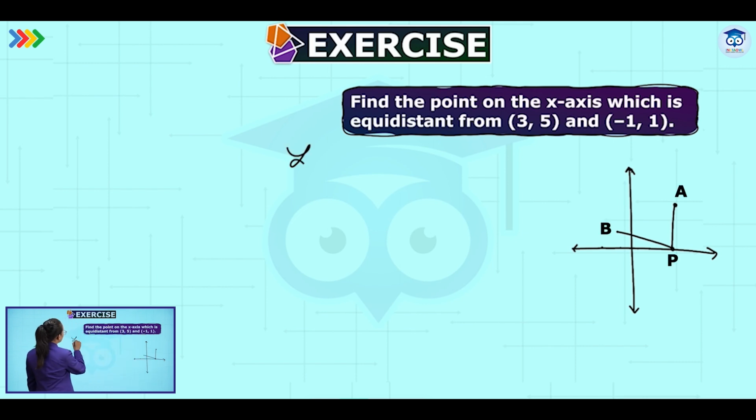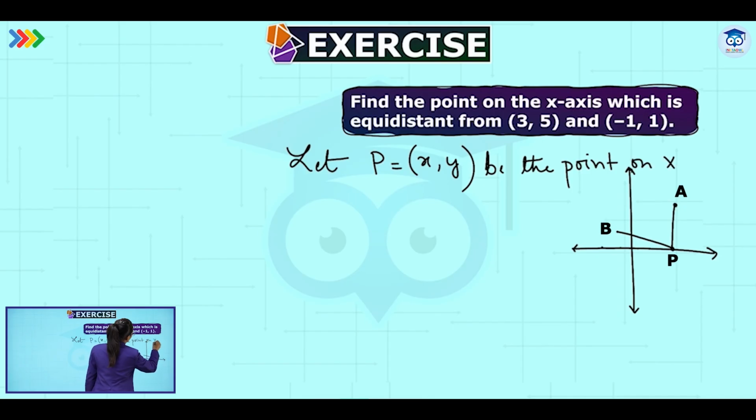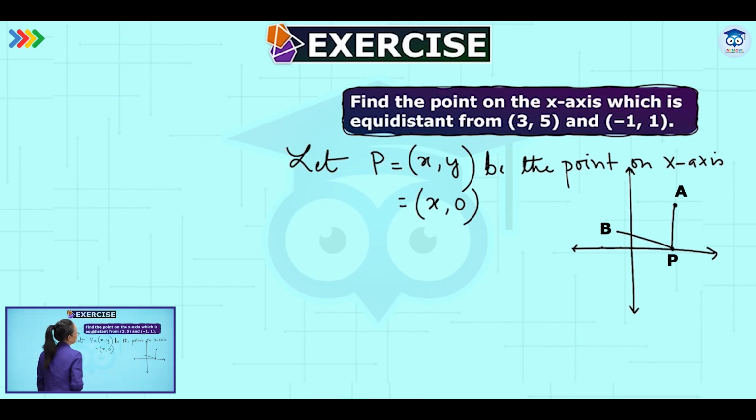So let us consider, let P x comma y, we don't know, right, be the point on the x-axis. But when we talk about the x-axis, we know that the y value should be 0. So the point P will look like x comma 0.